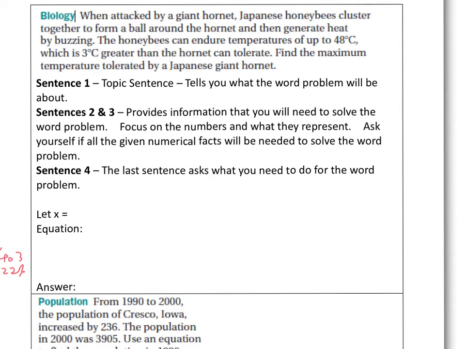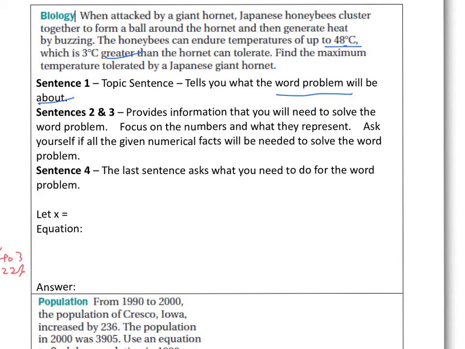Biology. When attacked by a giant hornet, Japanese honeybees cluster together to form a ball around the hornet and then generate heat by buzzing. So this first sentence tells us what this word problem is about. The honeybees can endure temperatures of up to 48 degrees Celsius, which is 3 degrees Celsius greater than the hornet can tolerate.